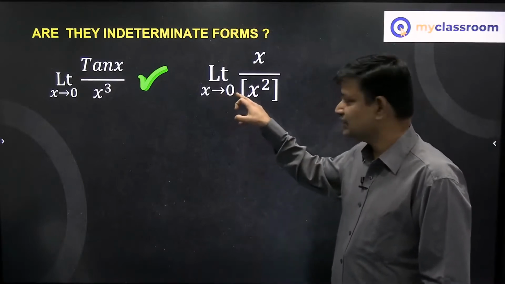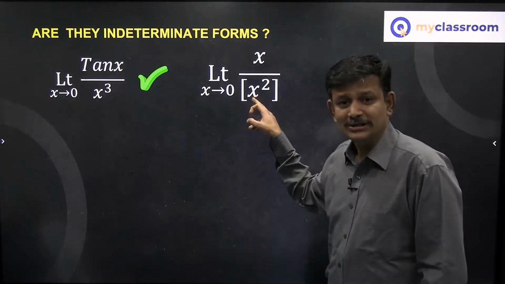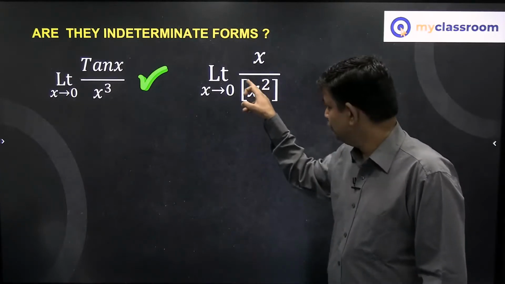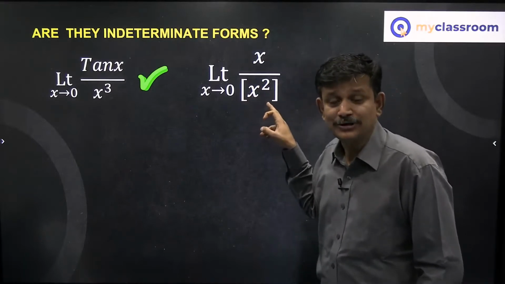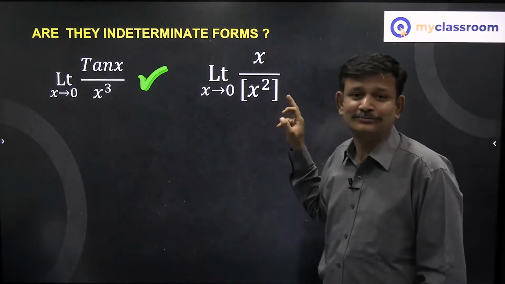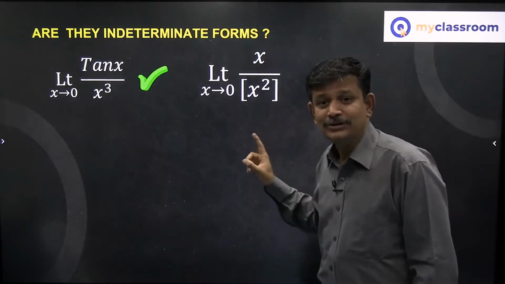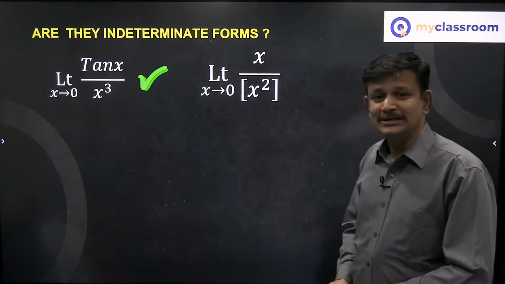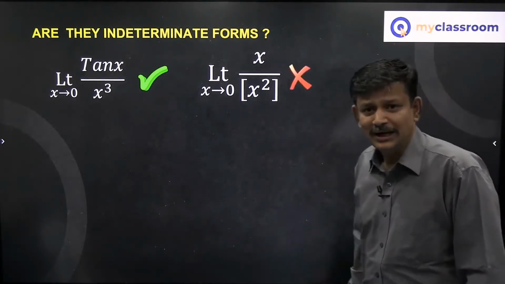Denominator, as x approaches 0, x square is a quantity slightly positive but close to 0, and integral part of that is 0. It is not approaching 0, but it is 0. So denominator is 0. So this is not an indeterminate form.